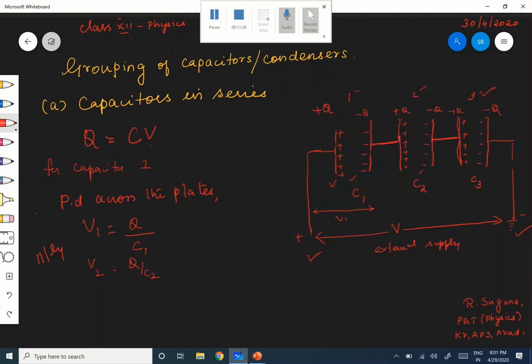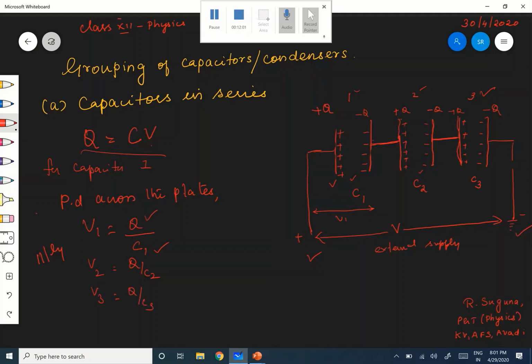The charge is the same, but the capacitance of each capacitor is different: C1, C2, C3. From the formula Q equals CV, the potential drop across each and every capacitor has to be different. Q is the same, but the capacitance is different, therefore the potential drop across each capacitor should be different. That is given by V1 equal to Q by C1, V2 equal to Q by C2, and V3 equal to Q by C3.